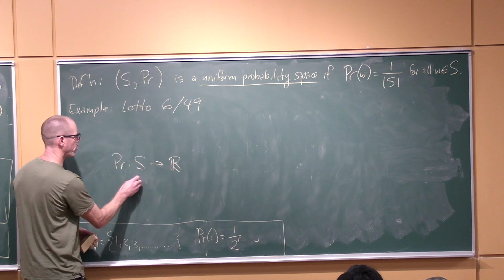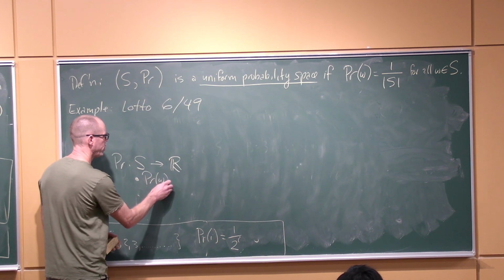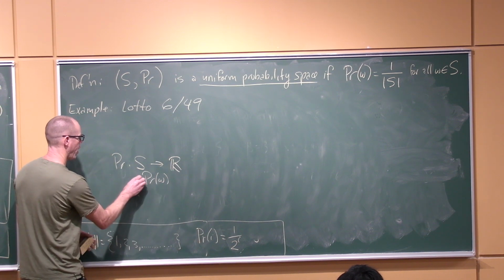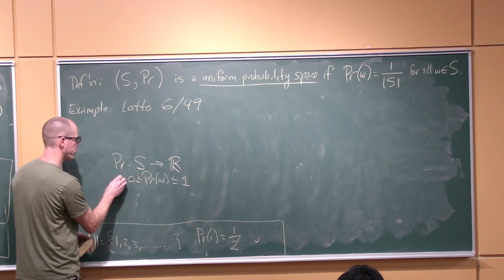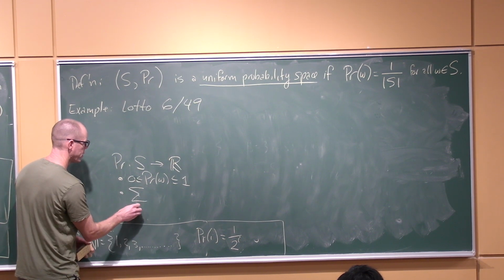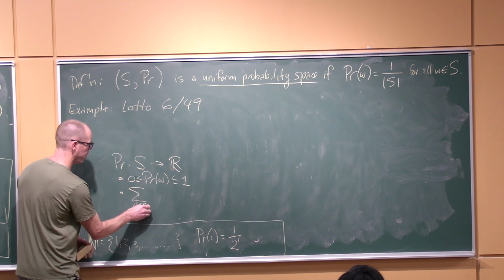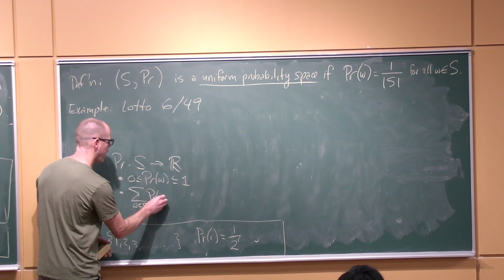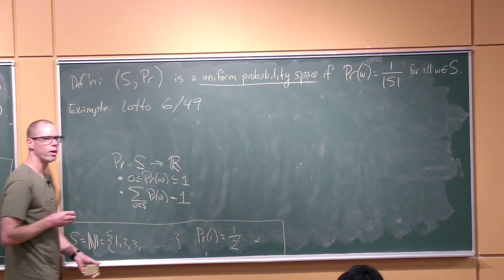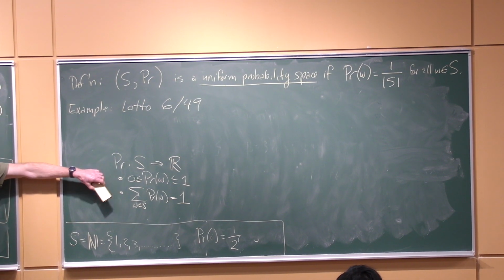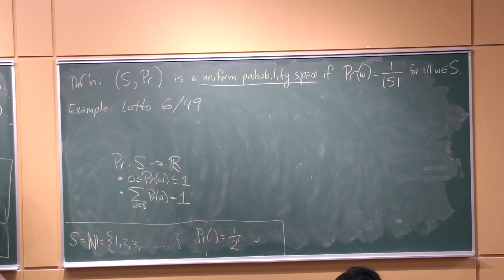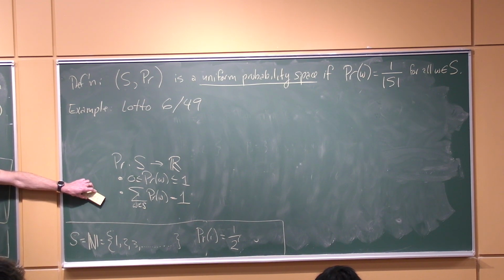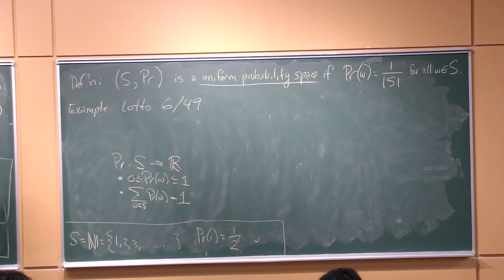The two rules were that the probability of any particular thing is between 0 and 1, and that the sum over all of the things in S of the probability of that thing is equal to 1. Those are the only two rules for a probability space. So this is why I say that probability is really about mathematics, and sometimes intuition is confusing here. But this is a probability space with an infinite number of possible outcomes.